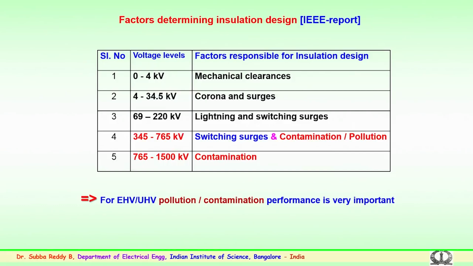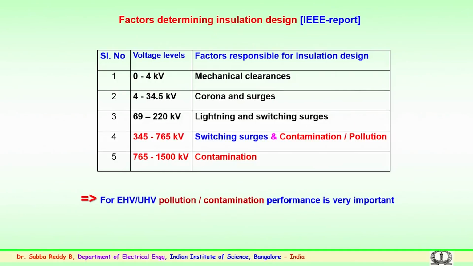So, for voltage levels above 4 to 33 kV, the corona and the lightning surges play a role in the design of insulation. The corona is the discharges which happen near the vicinity of the high voltage conductor. Basically, it is an air breakdown near the conductor or the metal near the high voltage area.